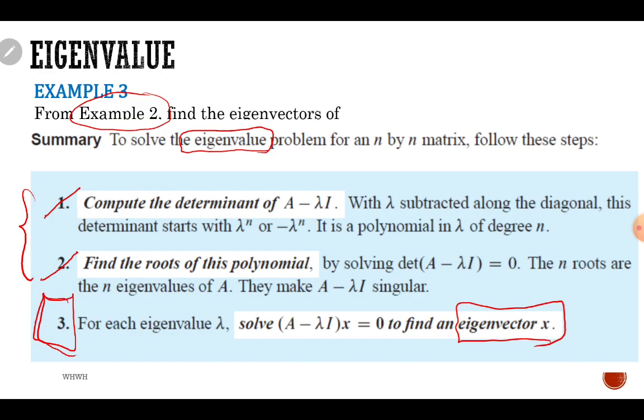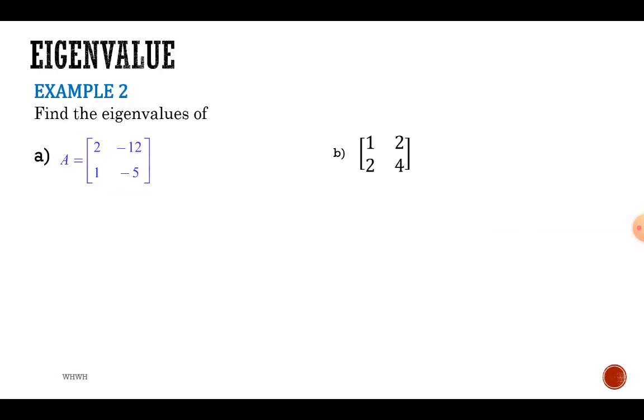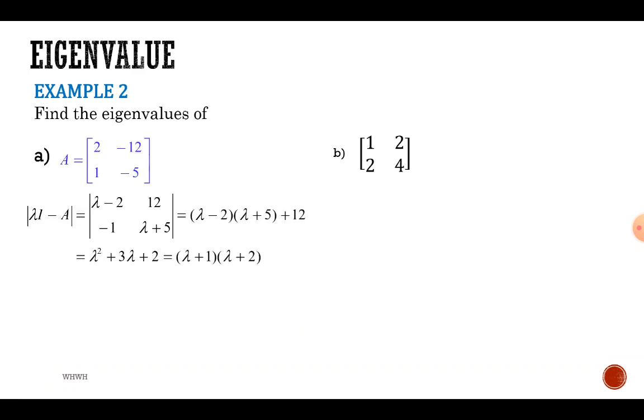Okay, for every eigenvalue sepatutnya dia ada dia punya eigenvector sendiri. For each eigenvalue, it has its own eigenvector x. Okay, so macam example 2 yang kita dah solve sebelum ni, example 2 that we have discussed in a previous video, where for example 2a here, we get lambda equals -1 and -2 kan. So there are two values of eigenvalues.